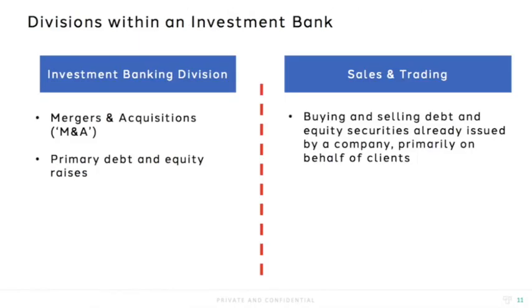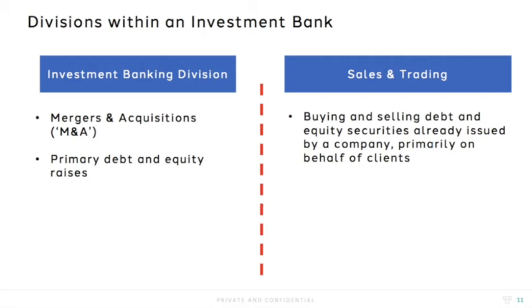So one last note, those are the major categories of deals you will see within investment banking. If you are meeting with people in investment banks, though, you'll hear a number of terms. The topics I just covered are primarily what will fall in the investment banking division within banks. So these are the groups that do mergers and acquisitions, as we just discussed, and that will help companies raise debt and equity capital.